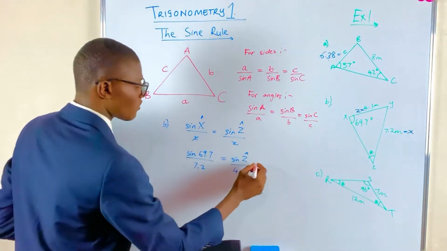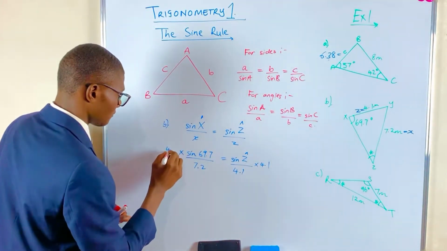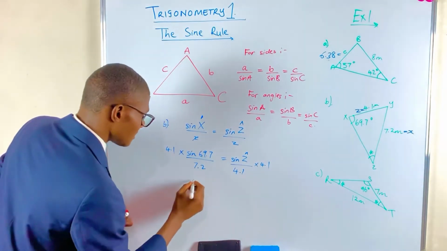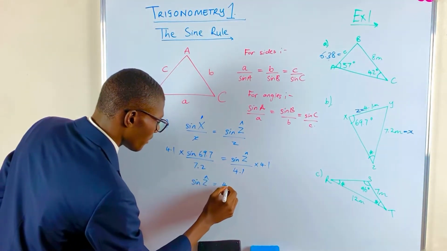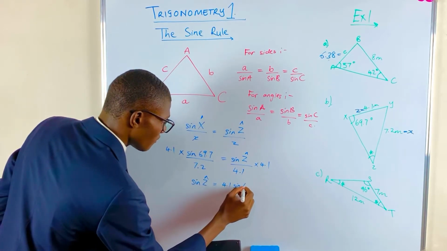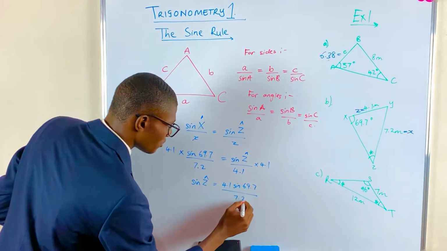To get this, we multiply both sides by 4.1, such that sine of z is equal to 4.1 sine of 69.7 all over 7.2.